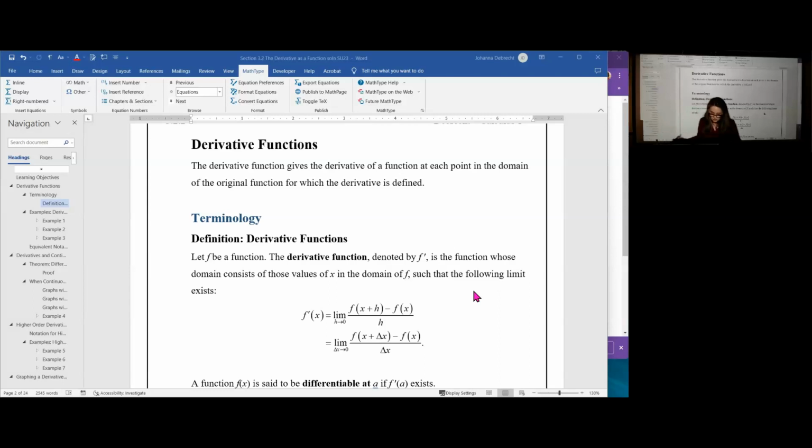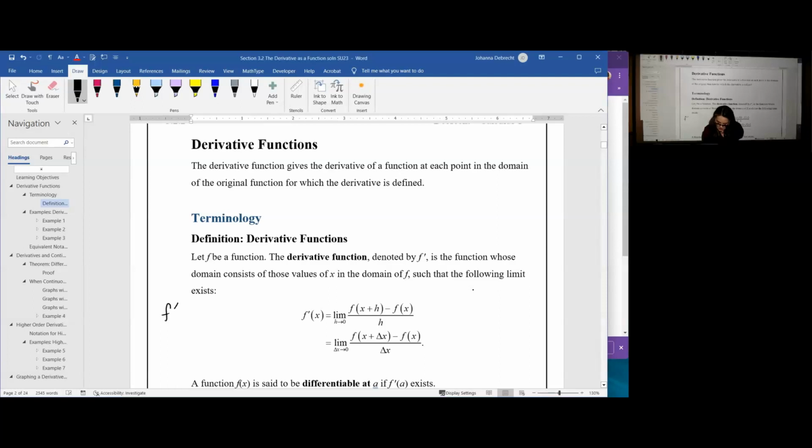Let's recall what the other definition was. The other definition is basically giving us the derivative at a particular point, which is the limit as x approaches a of f of x minus f of a, all divided by x minus a. However, this only gives us the derivative at a.